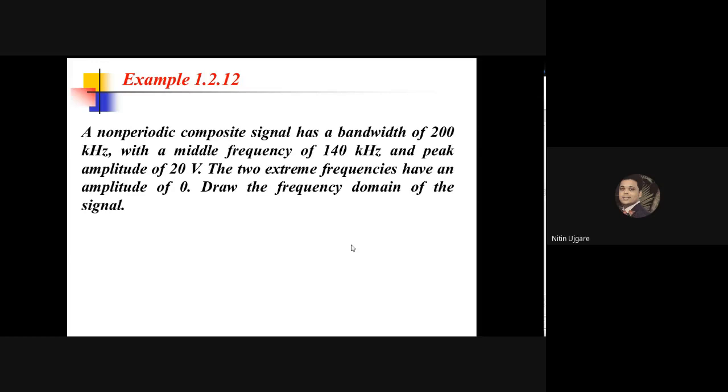Think of this problem. We have been given only the middle frequency of your signal, that is 140 kilohertz, and we're supposed to calculate the lowest frequency and the highest frequency.